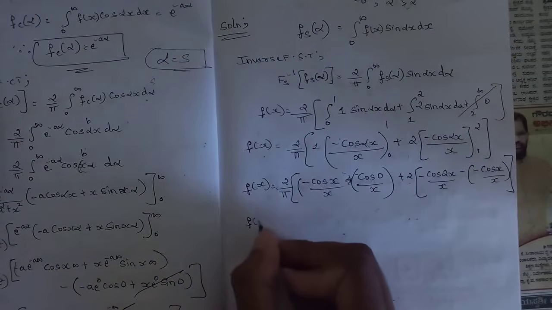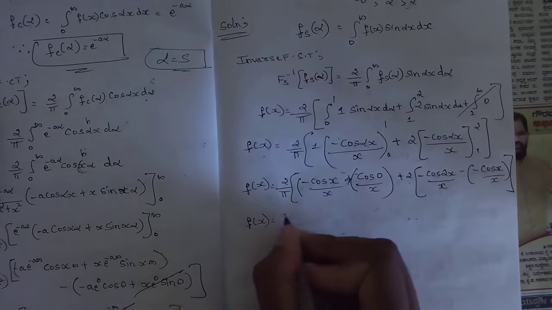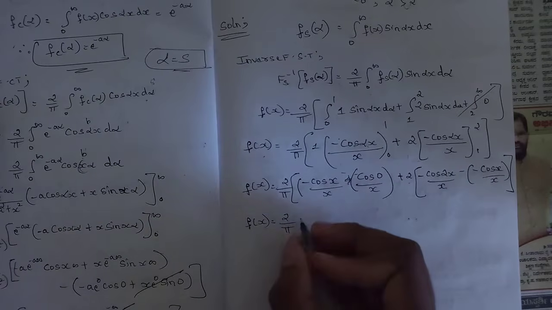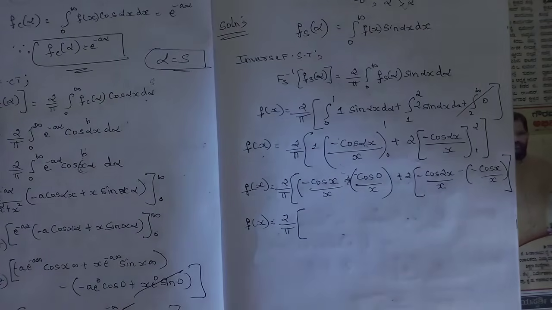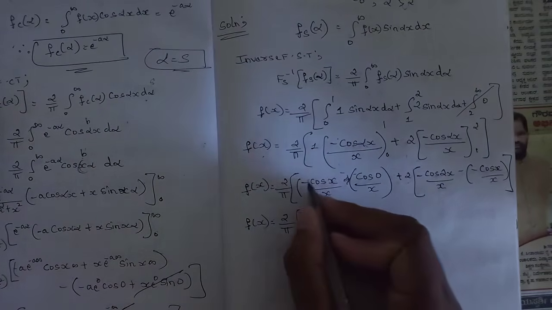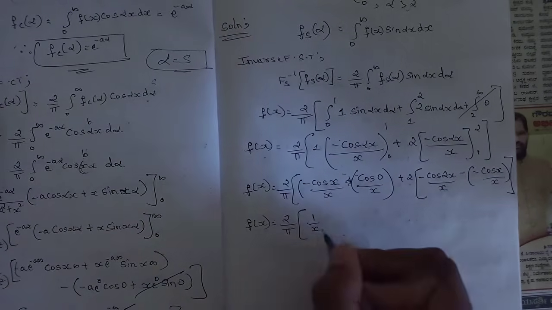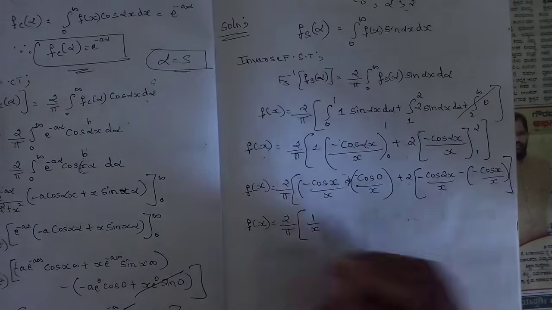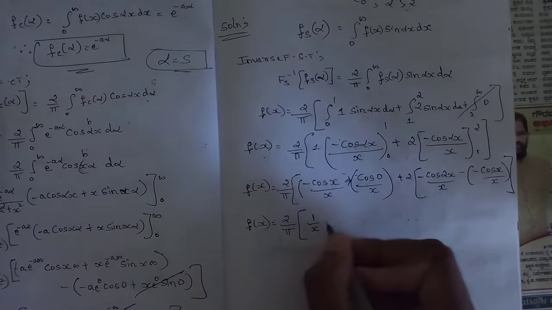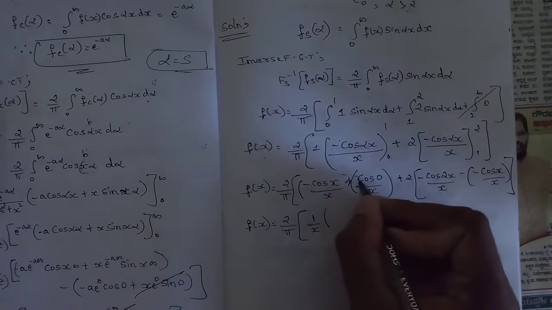So now 2 by pi into, here we can see that 1 by x is common, right? So we can take that 1 by x outside in these two terms, and the remaining terms left out are minus into minus is plus, right?